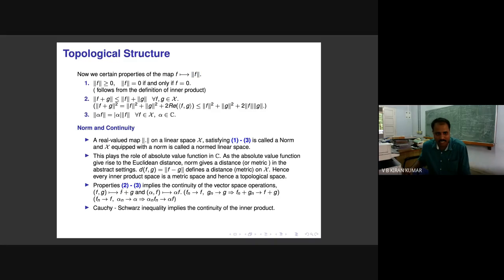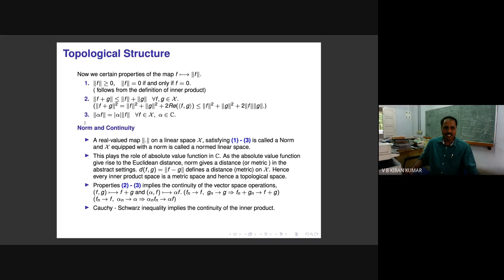That means if f and g, there's a notational problem. This map, notation is correct. This map (f,g) going to f plus g and alpha f going to alpha f, they are actually continuous. That means f_n converges to f and g_n converges to g will give you f_n plus g_n converges to f plus g. That follows from here using the triangle inequality. And similarly, f_n converges to f and alpha_n converges to alpha gives you alpha_n f_n converges to alpha f.